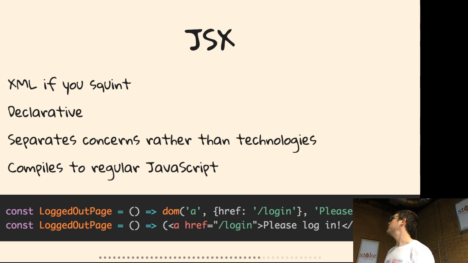And it co-locates your view logic with your component logic. So that's the separation of concerns. One of the things that the developers of React thought was that we were in fact separating the wrong things, and that view logic and state and events and all this stuff is all really talking about the same stuff.